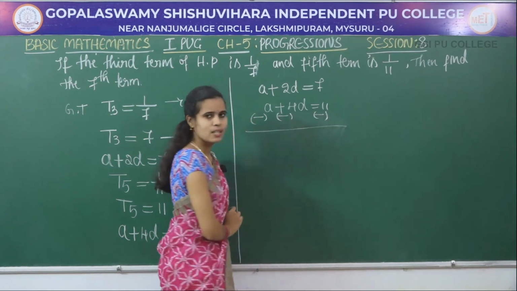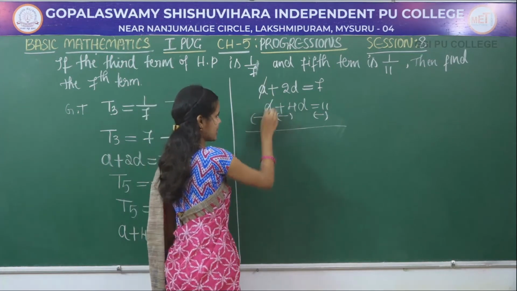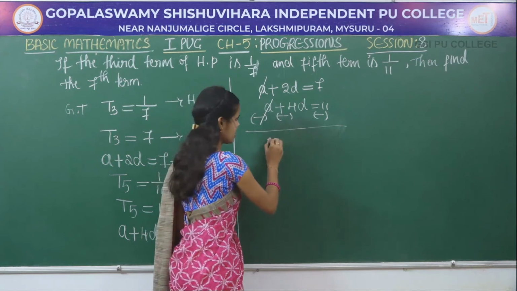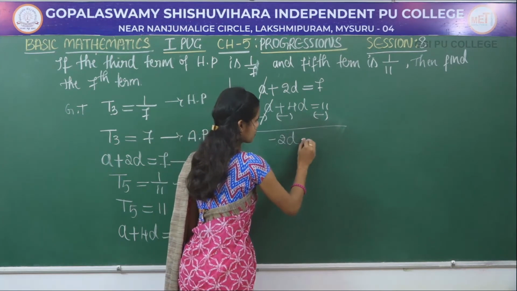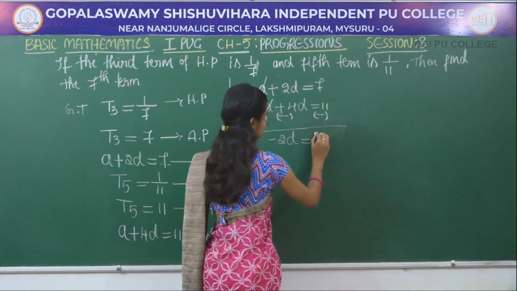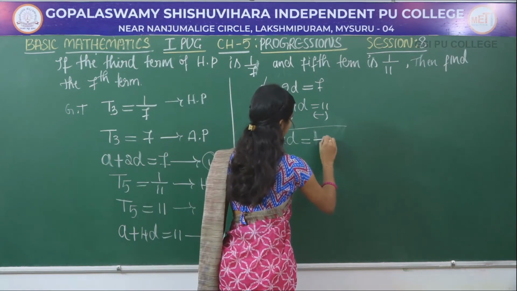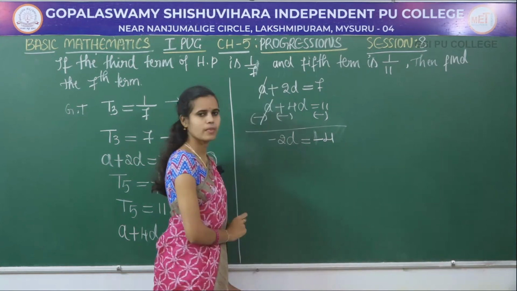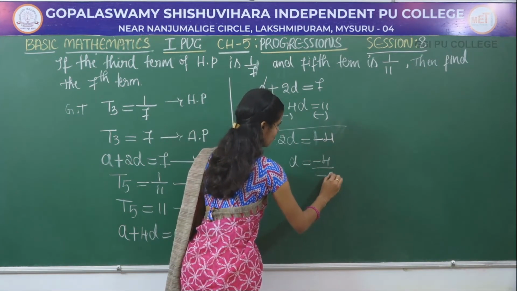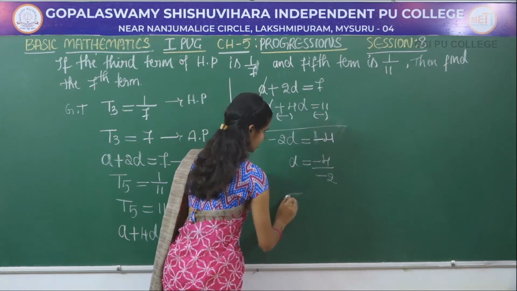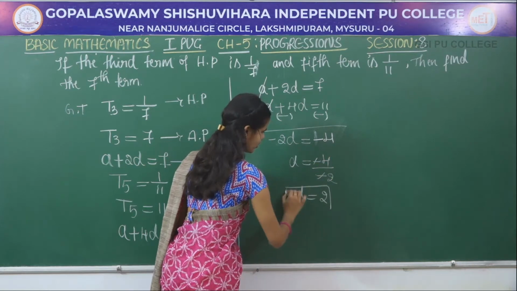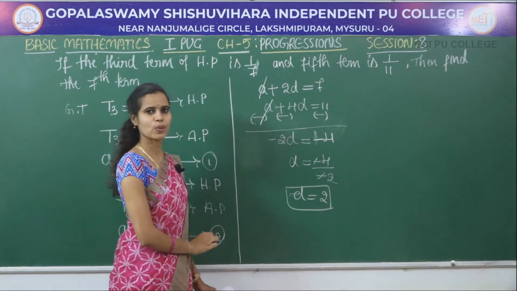So 1 minus 2: A minus A cancels, plus 2D minus 4D is minus 2D, equal to 7 minus 11, which is minus 4. Therefore D is equal to minus 4 divided by minus 2, which is 2. Therefore D is equal to 2.